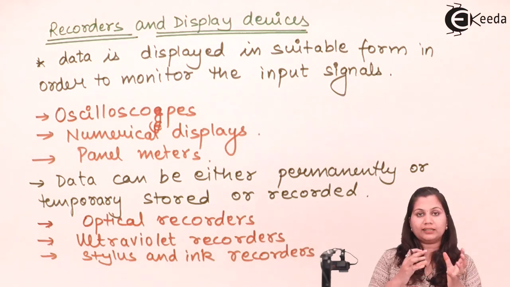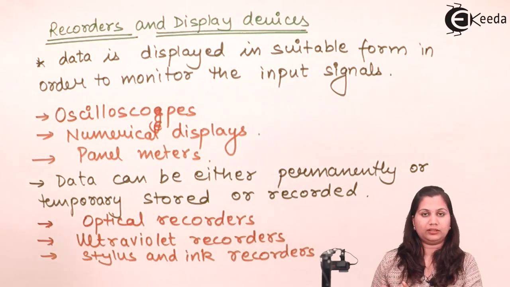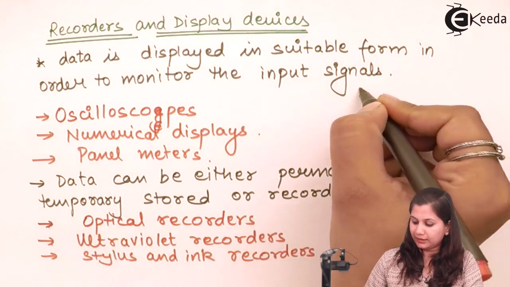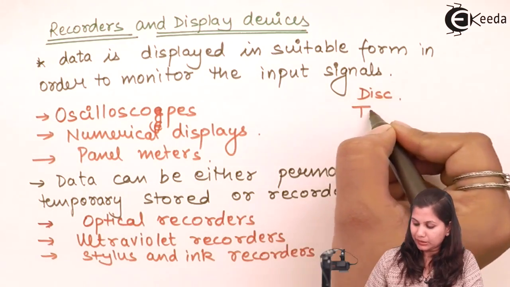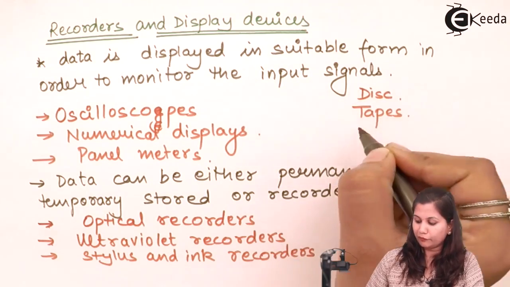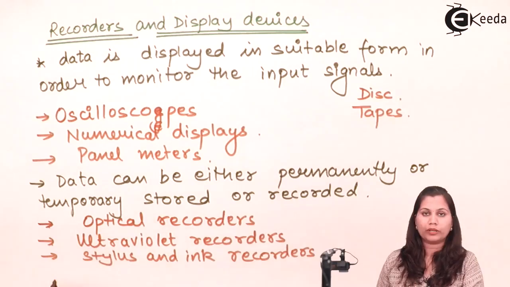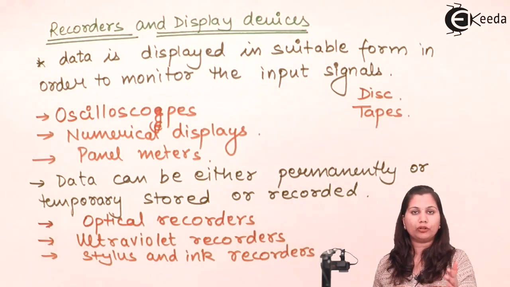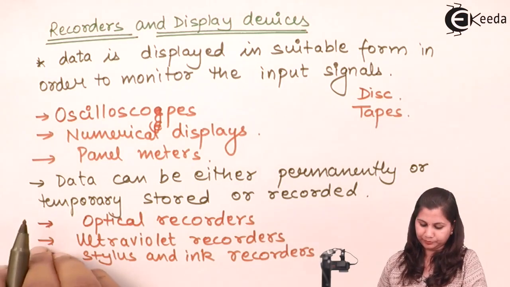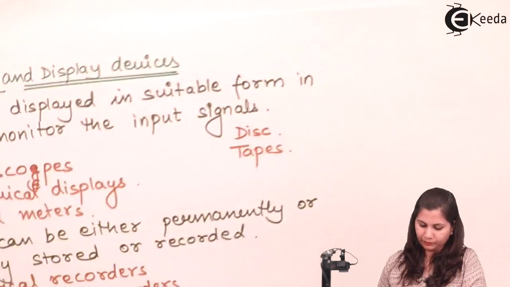Now if we want the data to be stored in a place, we can use storage devices, like disks. Printed magnetic tapes can be used for that purpose. Floppy disks can be used, okay. So in the disks and tapes, the data can be stored for future purposes. So magnetic tapes, punch recorders and punch tapes can be used.